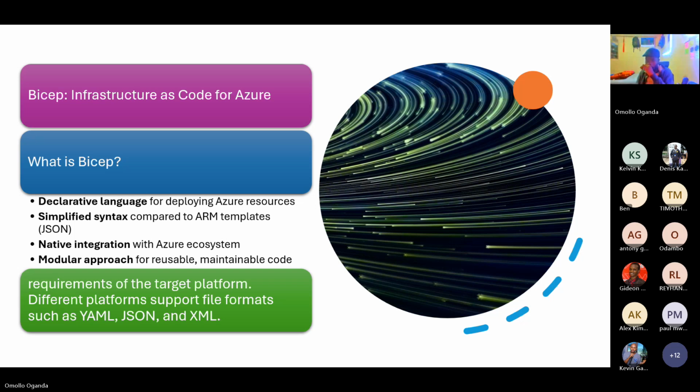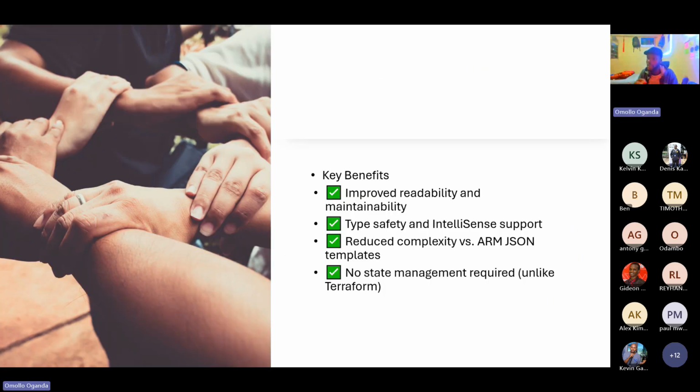Now, moving forward, what are the key benefits of Bicep over ARM templates? We have improved readability and maintainability, type safety, and IntelliSense support. When working with Bicep, we have an extension on VS Code called Bicep.